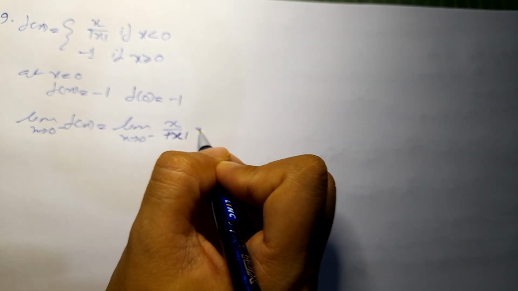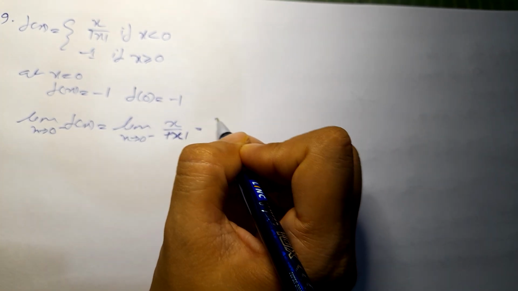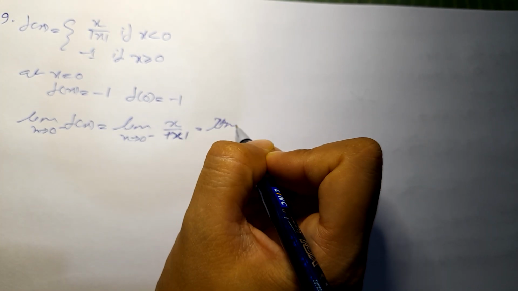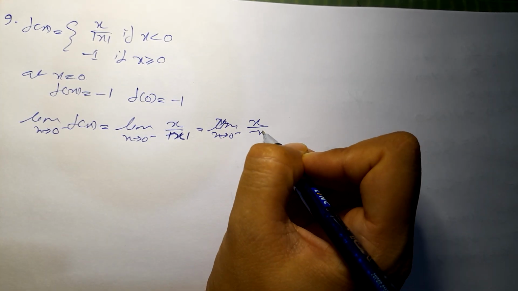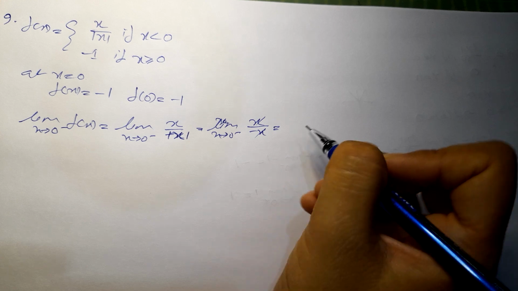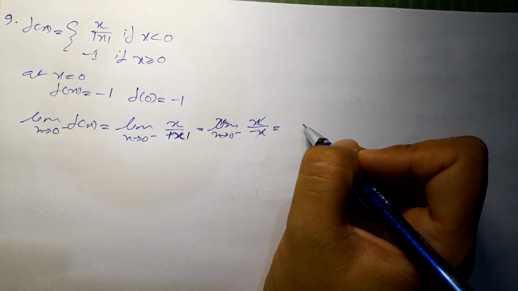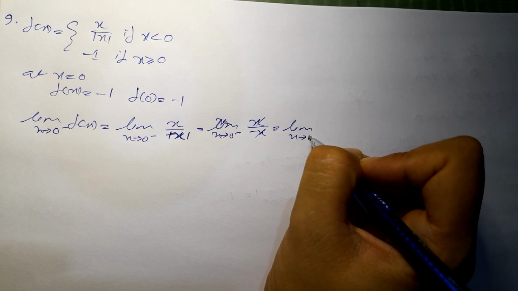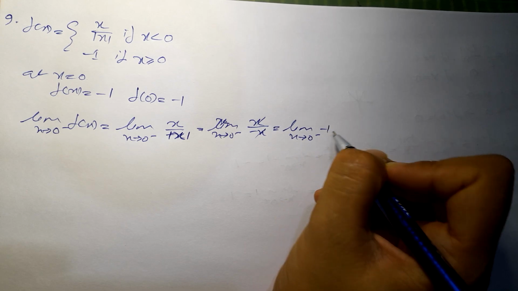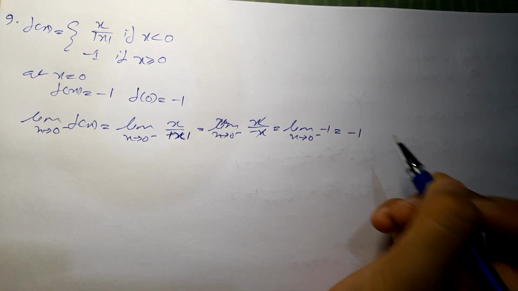Now modulus of x, for x less than 0, will give minus x. So limit x tends to 0 minus of x divided by minus x, cancelled, gives minus 1. Limit x tends to 0 minus of minus 1 is equal to minus 1.